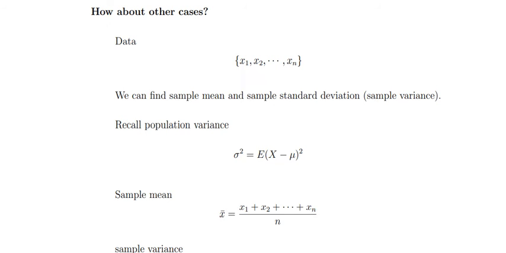So here we define the sample standard deviation or sample variance. For the population's variance, we use this formula: sigma square equals this. We also denote this as the variance of x.